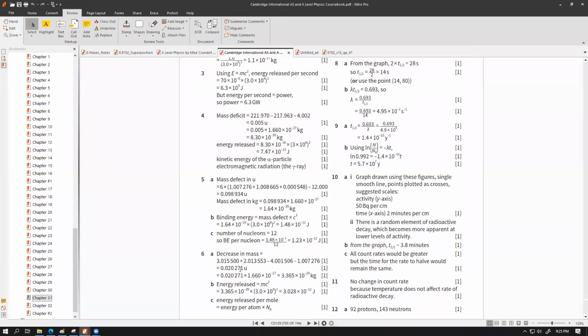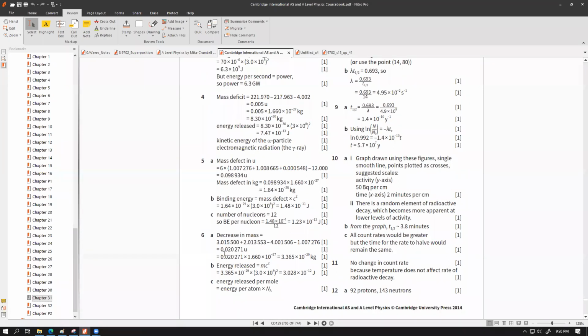So they multiplied that, here in number 6, we have that amount of energy over here, in kg.